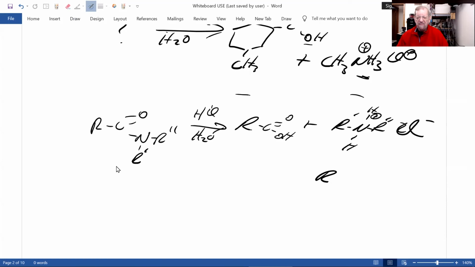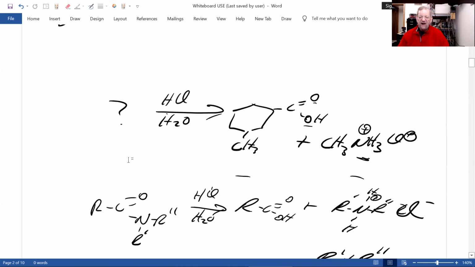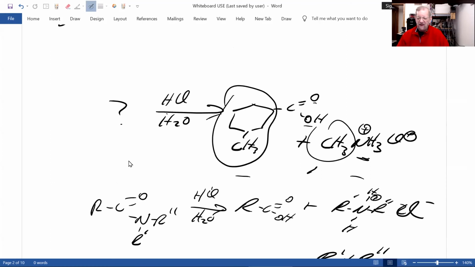Remember, our prime and our double prime, one or both can be hydrogen. And if I look up here, I'll call this my R group. This R prime, and one of the hydrogens are double prime, because notice this has 1, 2 hydrogens, this has 3, so one of those has to be my R double prime.